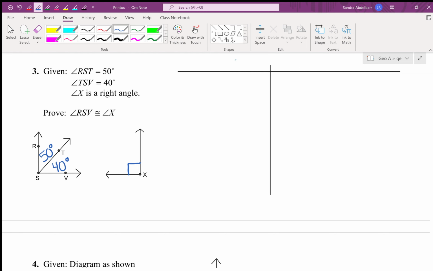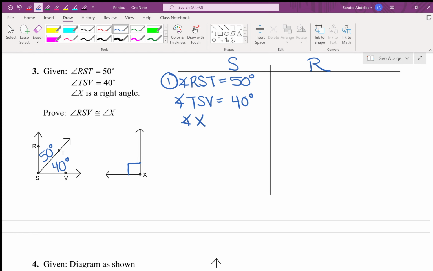I'm going to put an S and an R for statements and reasons. And my very first statement is always, James, the given information. So I'm going to state the given information. So angle RST equals 50 degrees. Angle TSV equals 40 degrees.